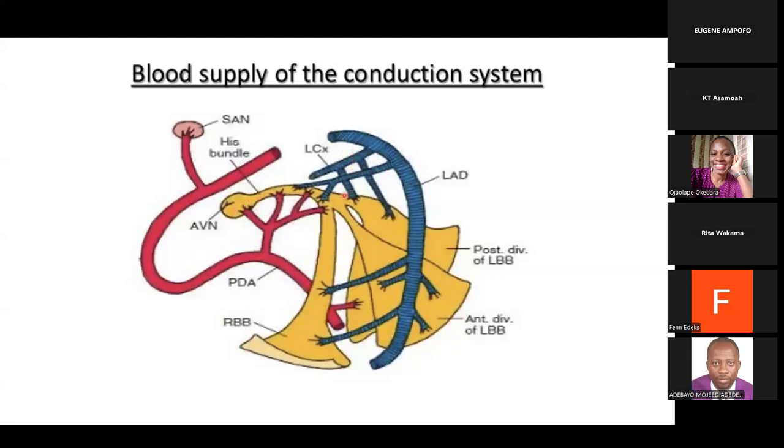The LAD and circumflex account for the perfusion of most of the right bundle, and the anterior and posterior fascicles of the left bundle. This is just here to make us appreciate that ischemic processes can significantly affect the conduction system. And so in patients who fit the profile, we should consider ischemic heart disease as a potential cause of cardiac conduction abnormalities.